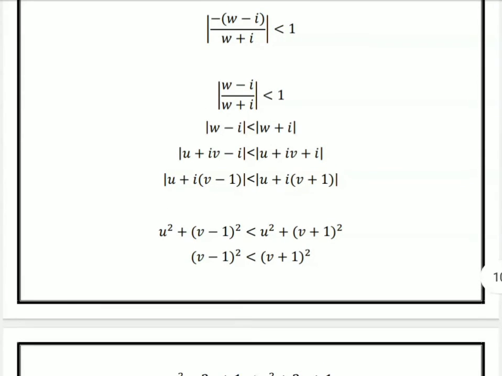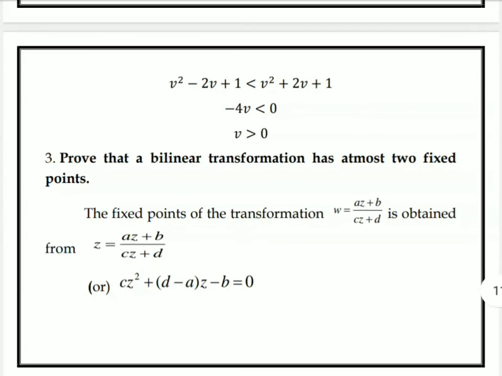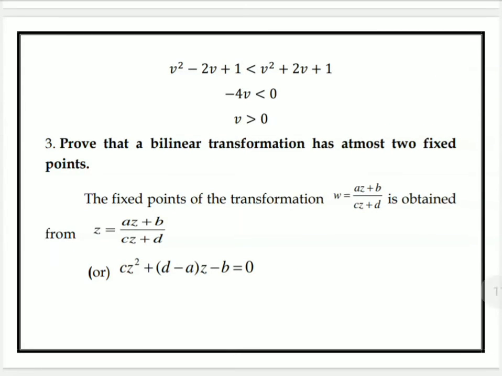So what is that? The (a minus b) whole squared form and the (a plus b) whole squared form. Replacing with that formula: V squared minus 2V plus 1 on the left, V squared plus 2V plus 1 on the right. The right hand side has V squared and plus 1, the left hand side also has V squared plus 1, so both terms cancel and you get the remaining terms: minus 2V less than plus 2V.